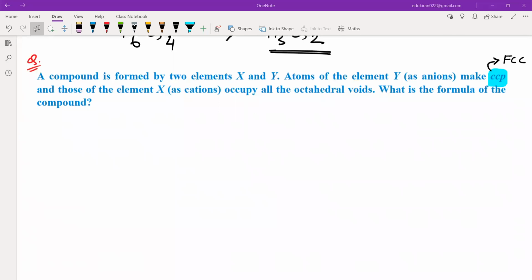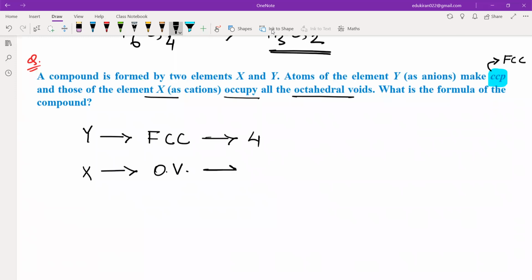What are you guys doing? Khalid, tell me. Y makes CCP. That means Y will be making FCC, right? What is the Z for FCC? Khalid? 4. Then atom element X occupies all the octahedral voids.